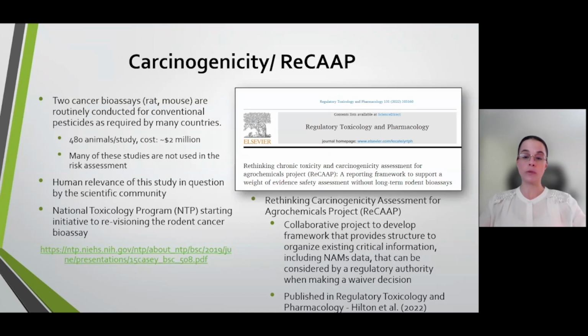The goal of this was to develop a framework for carcinogenicity studies and waiving the need for a carcinogenicity study. This work was published by Hilton et al. in 2022, and there's a snapshot there on the slide of the published literature if you'd like to take a deeper dive.